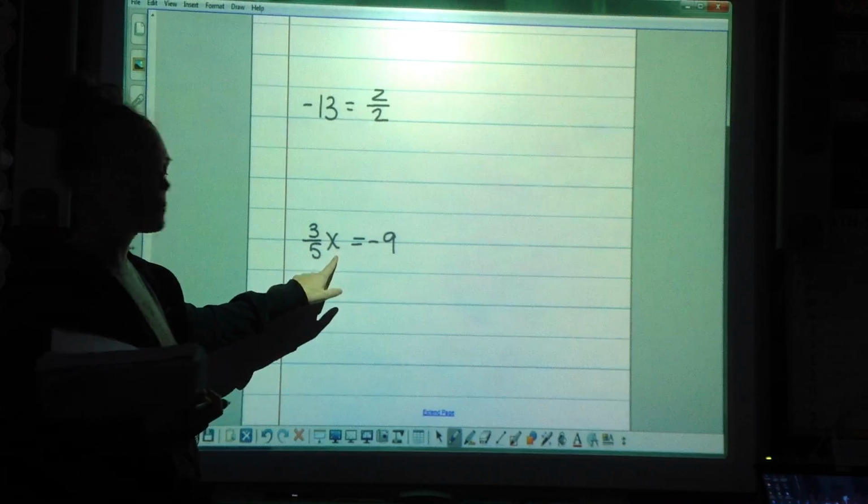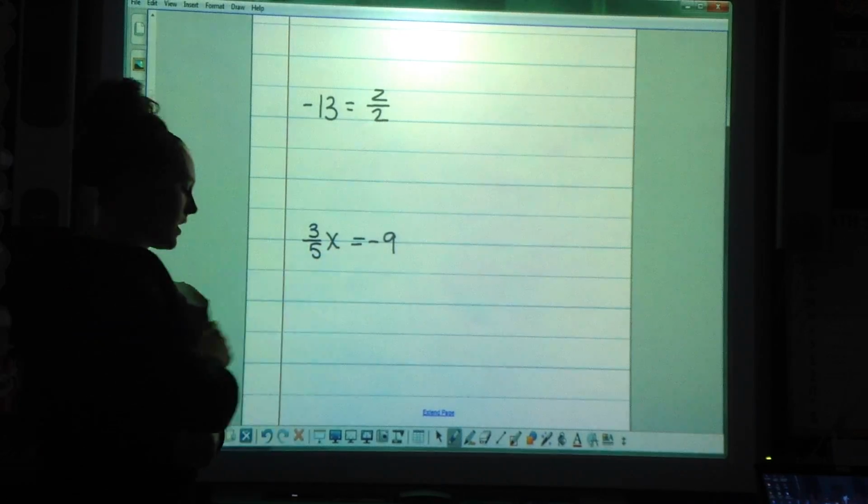To do that, we would do the inverse operation. They're multiplying, so we would divide.